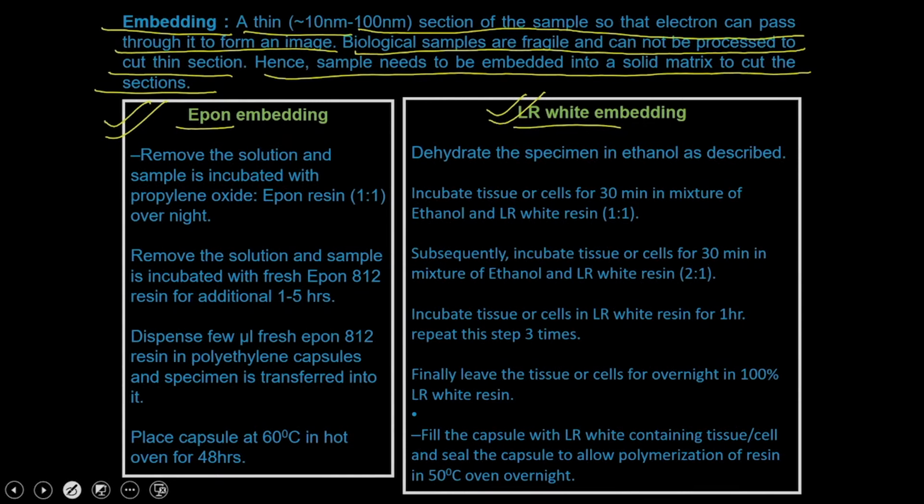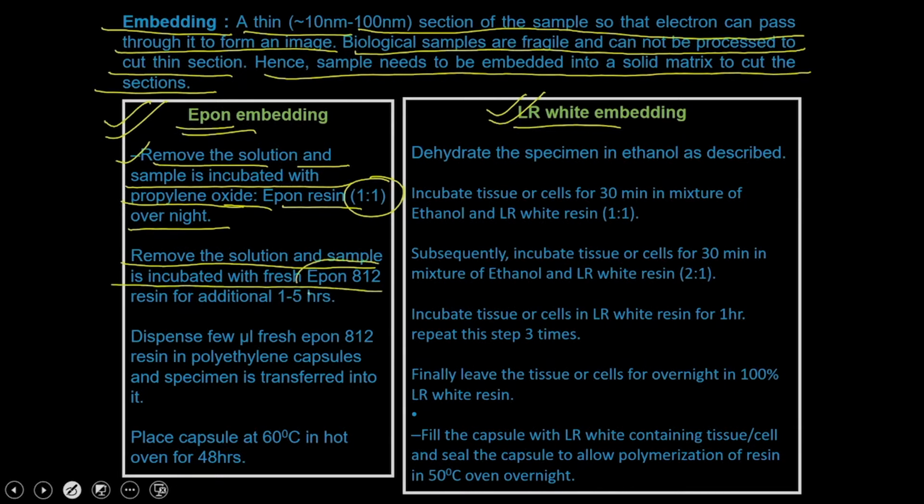In the case of Epon embedding, first you have to remove the solutions, like the solution you were using for dehydration, and then the sample is incubated with a 1:1 mixture of propylene oxide and Epon resin overnight. Once that is done, you can remove these solutions and the sample is incubated with fresh Epon 812 resin for an additional 1 to 5 hours.